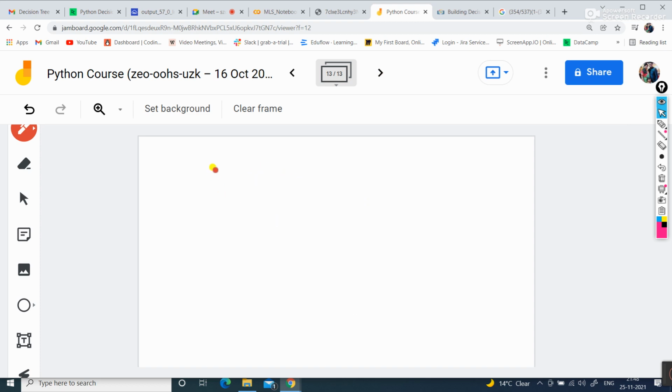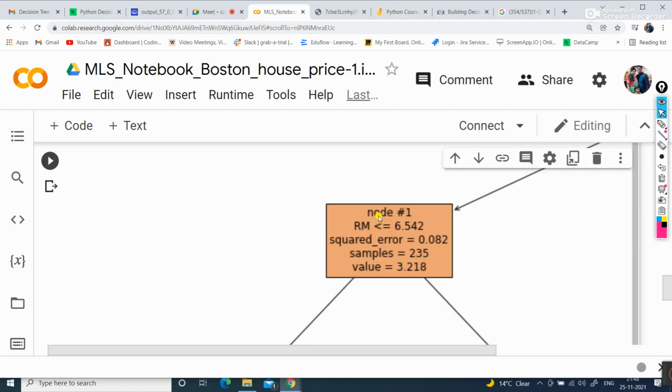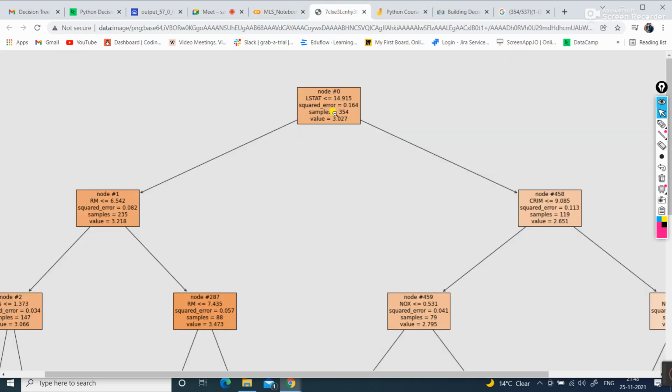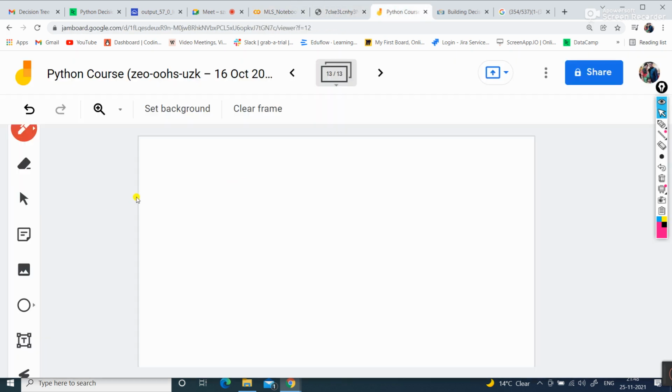Suppose I have a data set with ages and gender. That's a very bad example, I would say.